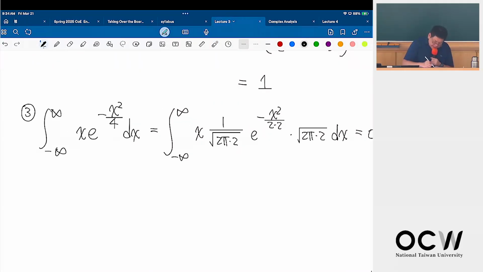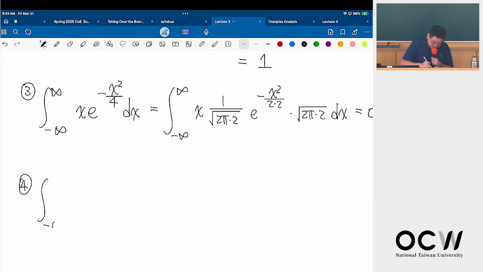Next, then how about this integration? e to the minus (x plus y plus z) squared over 2, or over 1, dx.